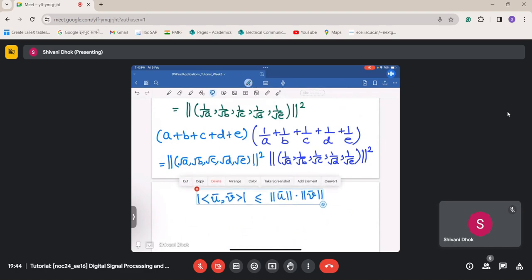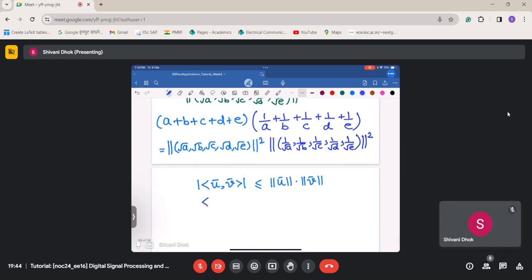So now let us square it on both sides. Since it is real, this magnitude is okay. It is less than or equal to norm of u square into norm of v square. So I can just write it the other way round: norm of u square into norm of v square is greater than or equal to the inner product of these two vectors squared.